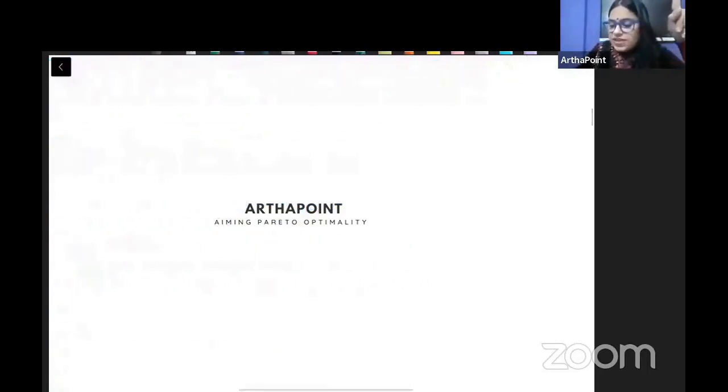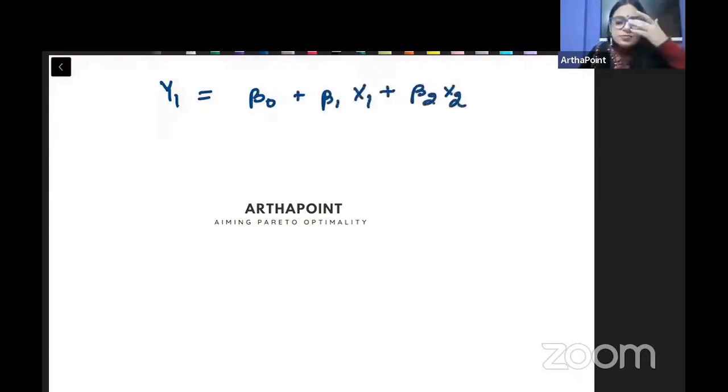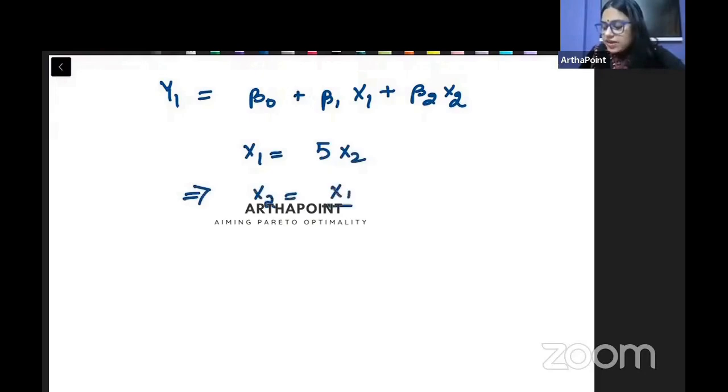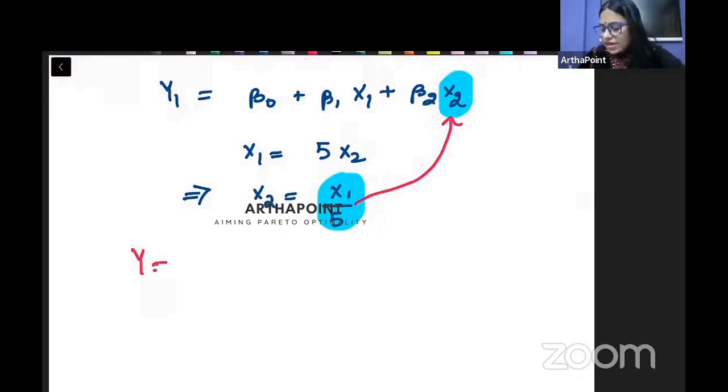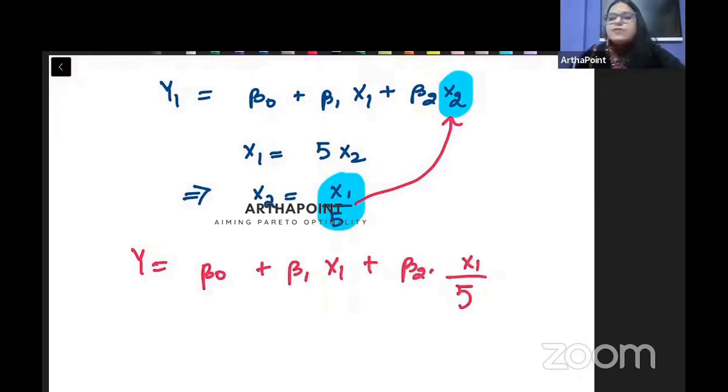Look carefully, beta. We are starting with the model y is equal to beta naught plus beta 1 x1 plus beta 2 x2. But we are given that x1 is 5 times x2. From here I got that x2 will be x1 divided by 5. If I plug this value of x2 here, I will get y is equal to beta naught plus beta 1 x1 plus beta 2 x1 divided by 5.